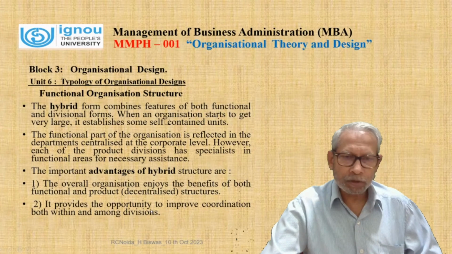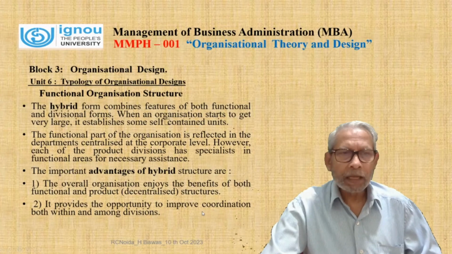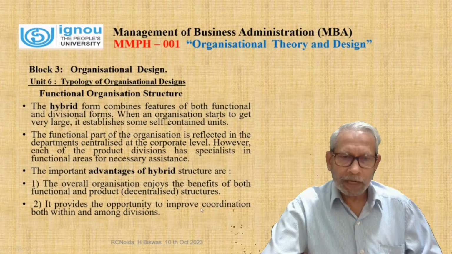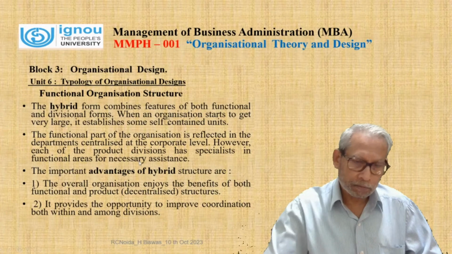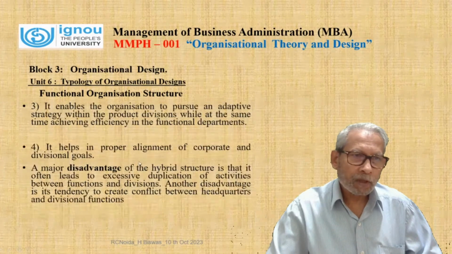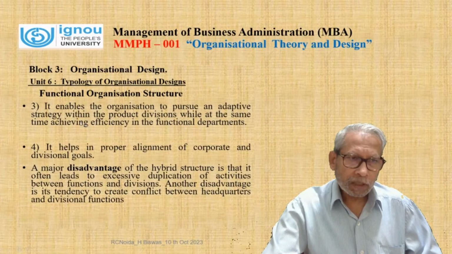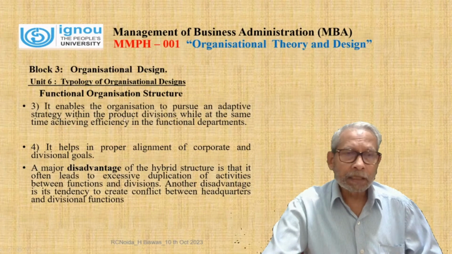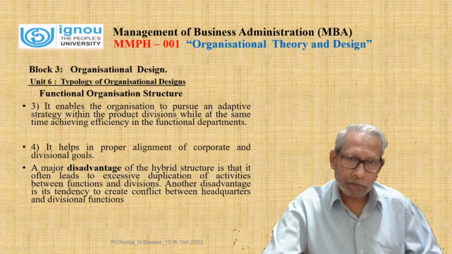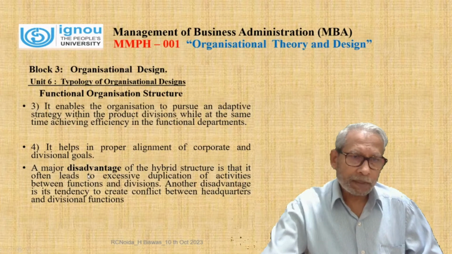So some coordination is also there, and it can be done well. Another thing, it enables the organization to pursue an adaptive strategy. Suppose some new technology is coming, so the product can easily be adapted, and there will not be much problem.